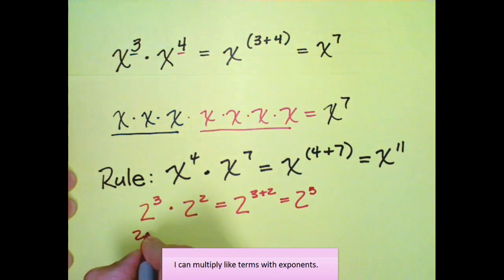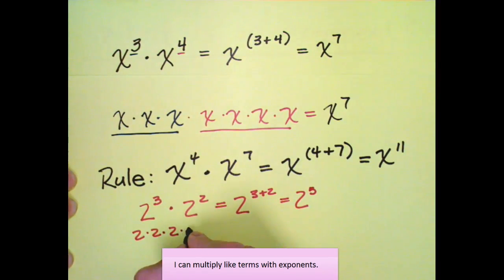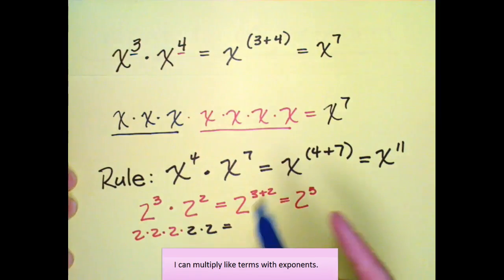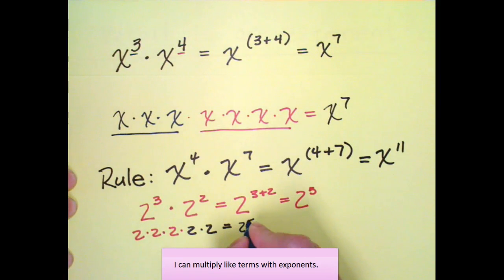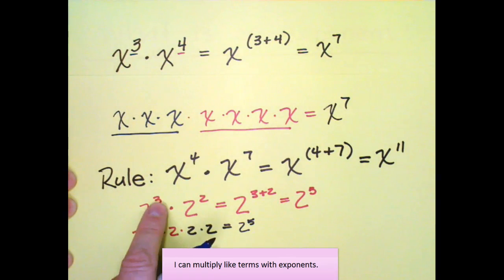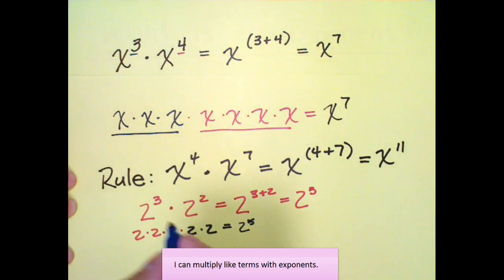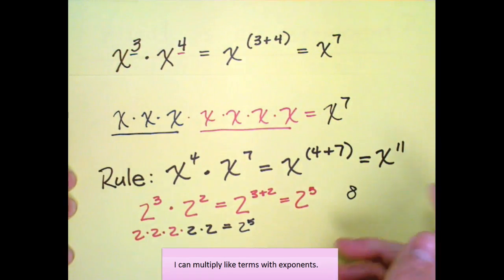So 2 to the 3rd times 2 to the 2nd is equal to 2 to the 5th power. So 2 to the 3rd, 2 times 2 is 4, times 2 is 8, so this actually represents 8.